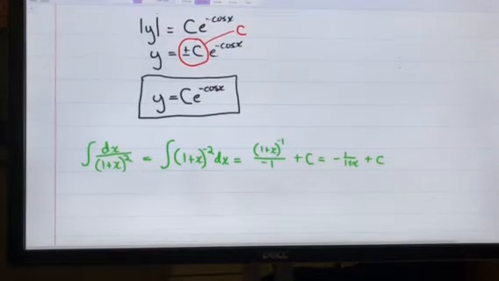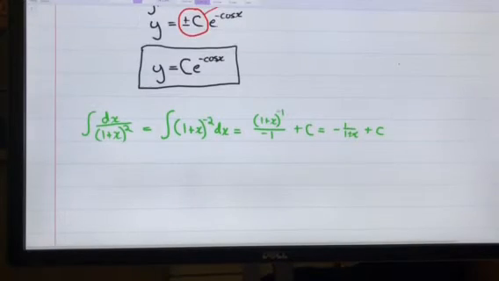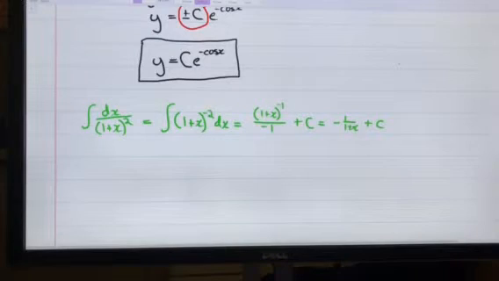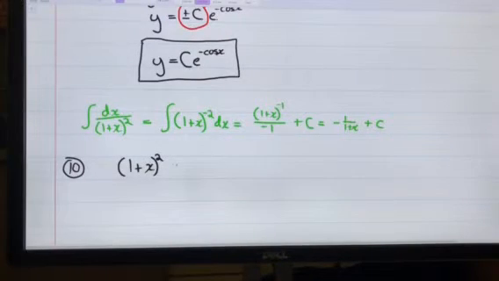Now, for number 10, we have this particular differential equation: the square of 1 plus x times dy over dx is equal to the square of 1 plus y.